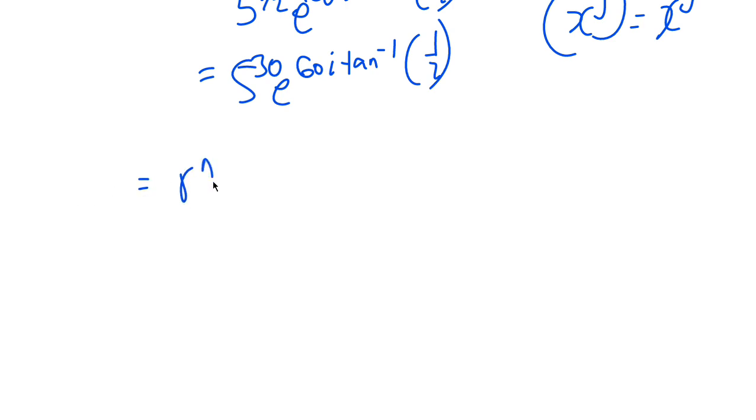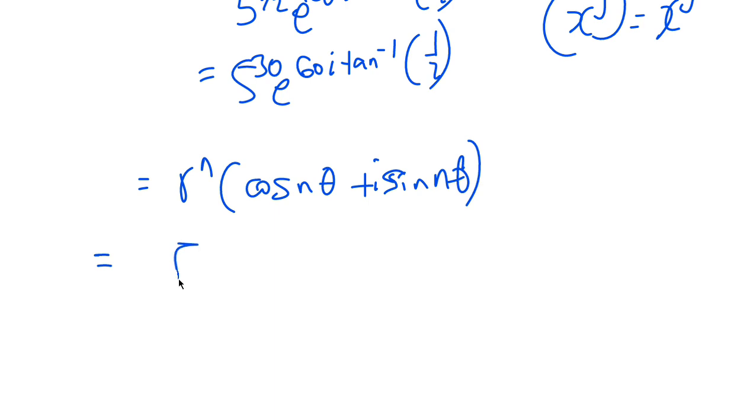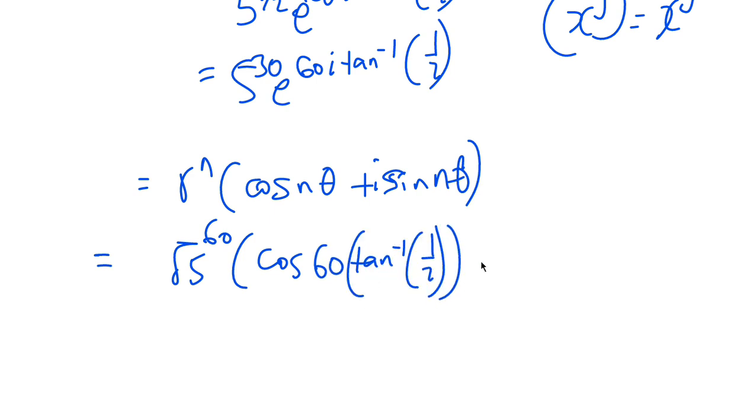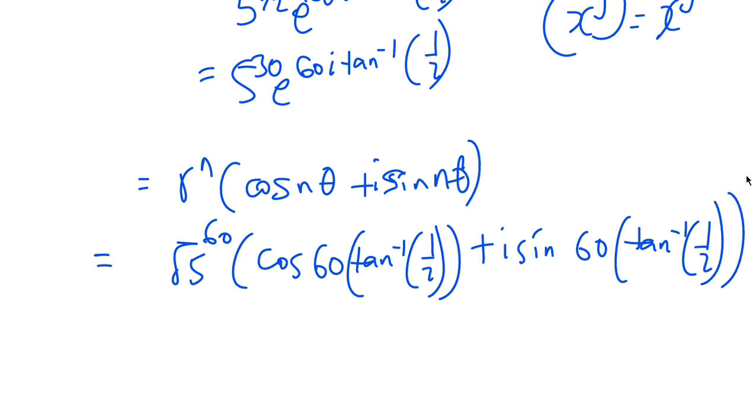But if you wanted to represent it in the other way, remember that the other way is what? r raised to the power n, cos n theta plus what? i sine n theta. So our r was what? Root 5. So root 5 raised to the power 60 into cos 60, theta was what? tan inverse of half, plus i sine 60 into what? tan inverse of half.